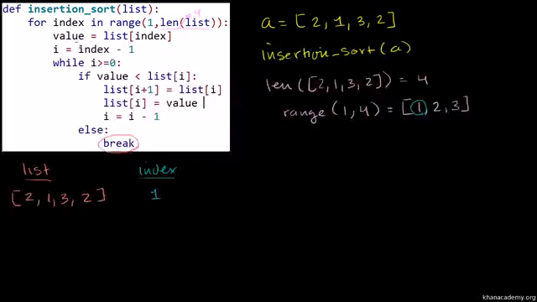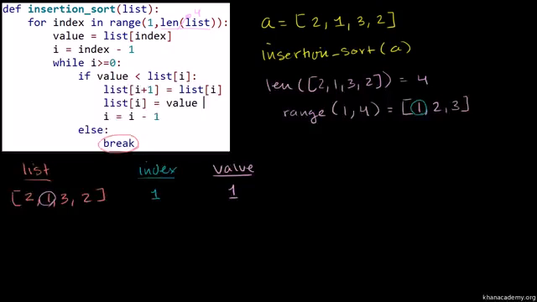And then over here we say value is equal to the index element in list. So let me define our variable value. So what is list of 1? What is the first element in the list? Is the 0th element? This is the first element. So we're looking at this right over here. It is the first element. So that's fair enough. And then we define I to be index minus 1.